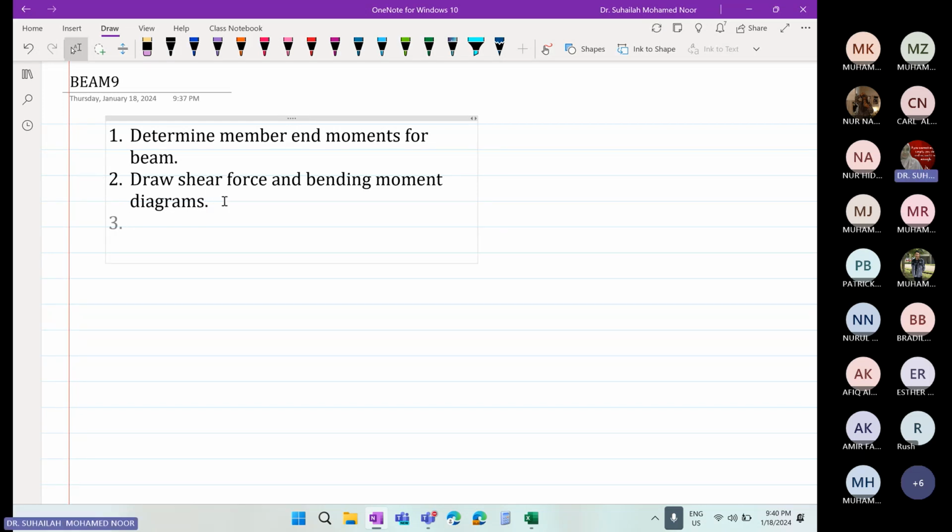And number 3, calculate vertical reaction at all support.